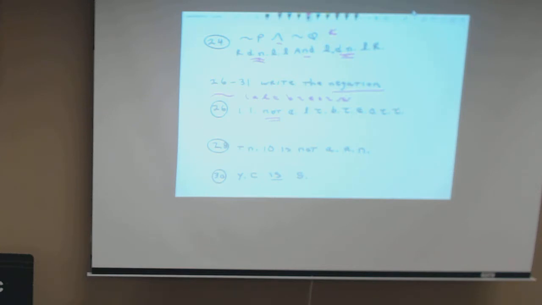28. What does 28 say? The number 10 is a round number. So, how would I negate that? The number 10 is not a round number. And there's that little voice in the back of my head saying, that's a lie, and you're not supposed to lie. It is a round number.